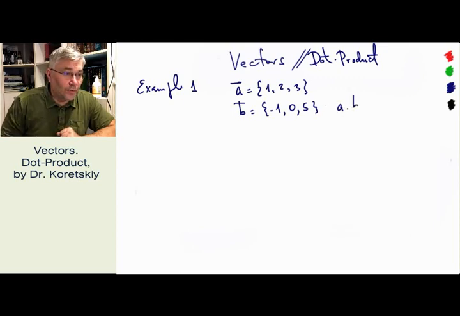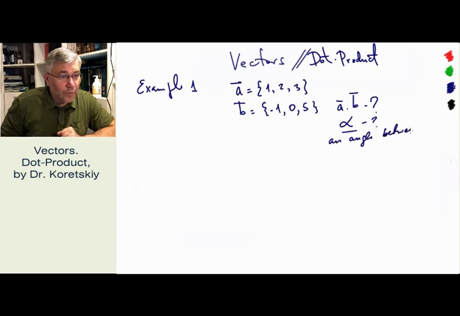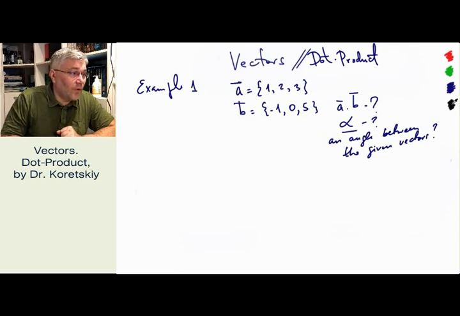We have to calculate A dot B, the dot product. The unknown is unknown, so I put a question sign here. And we have to define the angle between the given vectors. So the known variables are here.